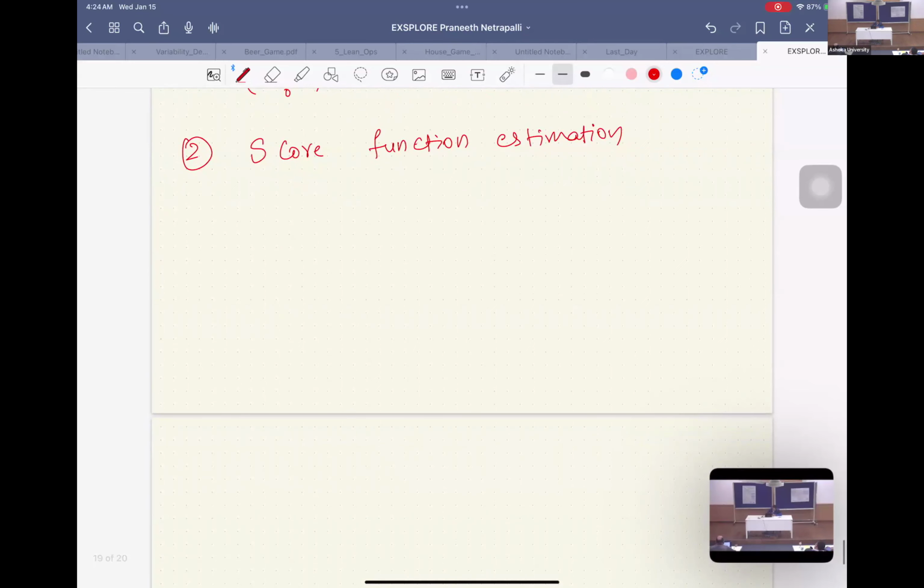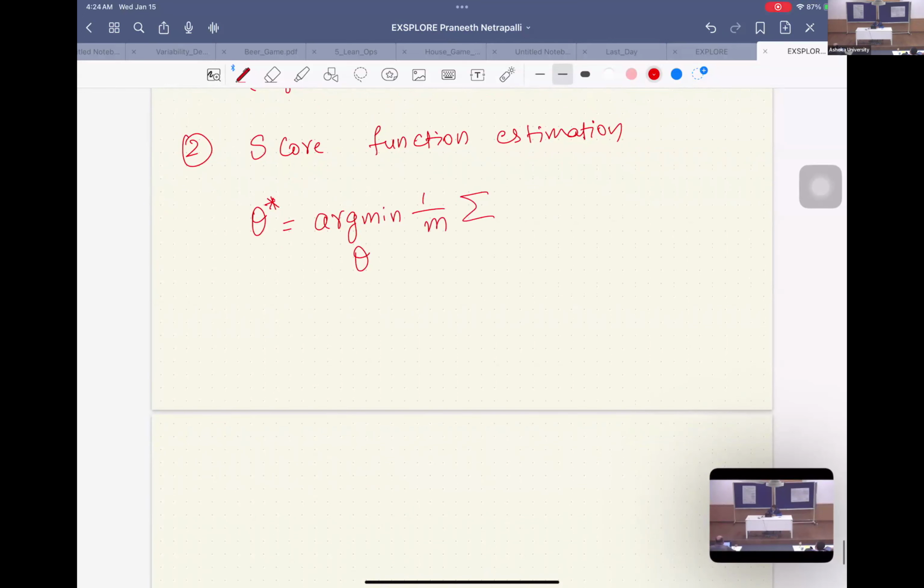We set theta star equal to argmin over theta of 1 over m summation i equal to 1 to m, summation t equal to 0 to capital T, norm of h theta of t, xti minus x0i, squared.